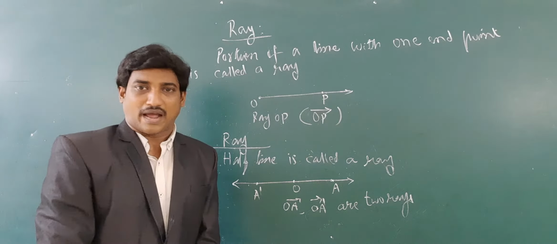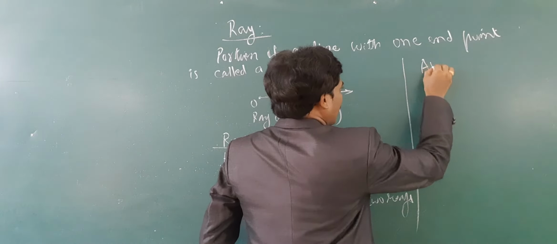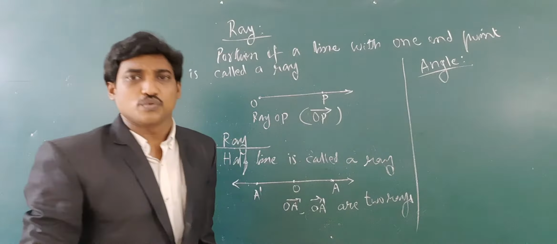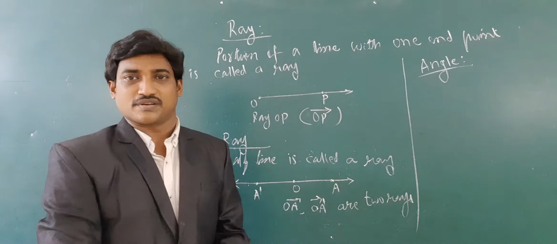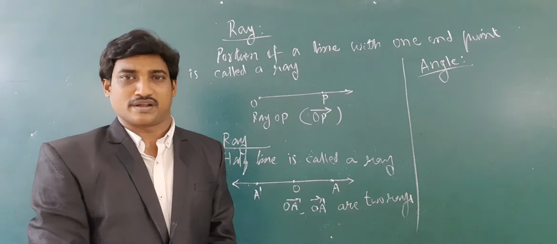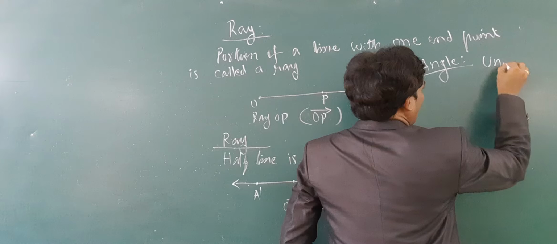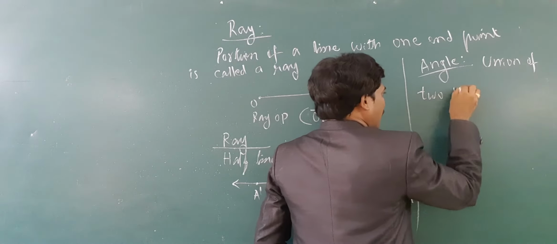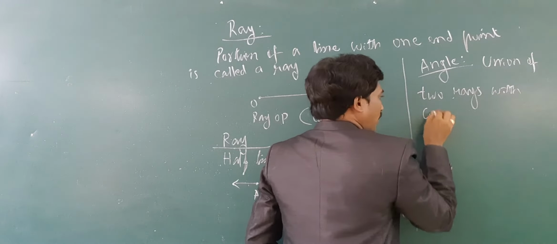Now let us know angle. Union of two rays with a common endpoint is called an angle.